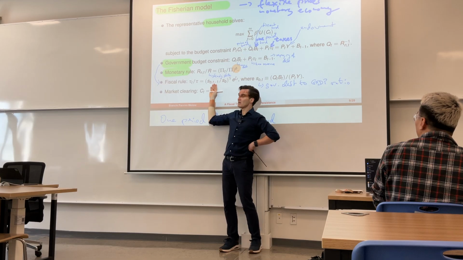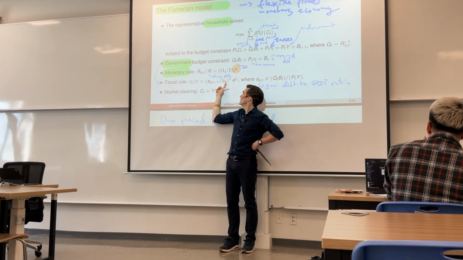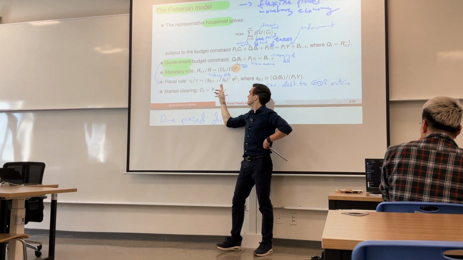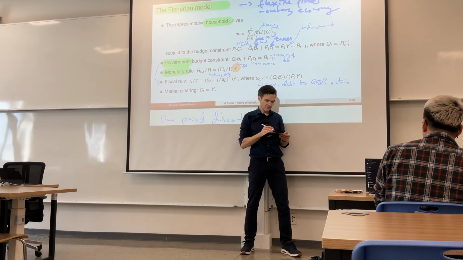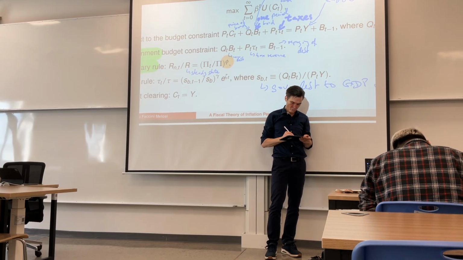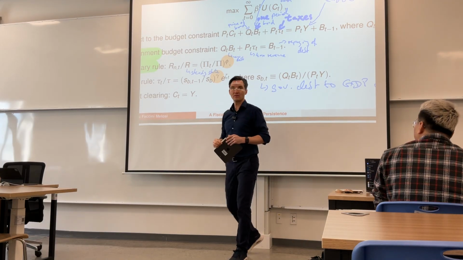So when the government debt to GDP ratio is high relative to the steady state, the government may raise its taxes. And gamma is this parameter that is going to control by how much the government is going to raise taxes in response to higher government debt.